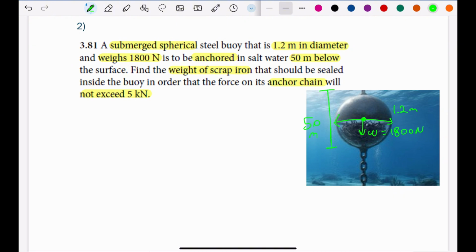So that we will have a tension here. So we should fix it at 5,000 Newton. So we used a downward force here because this anchor chain will try to pull this steel buoy downward, while we will have an upward force, which is FB, the buoyancy force.